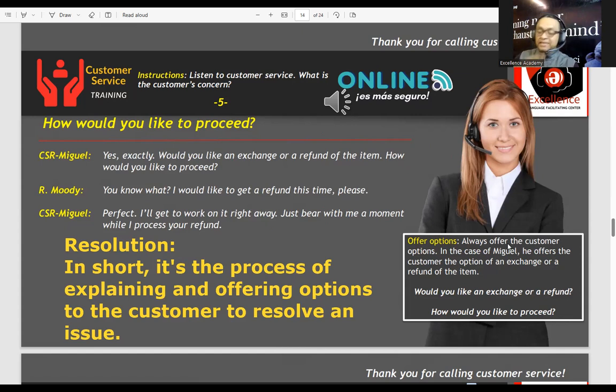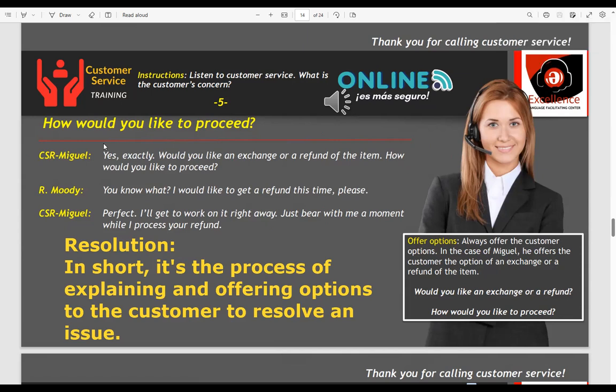But the general idea of how you would resolve something for an account like Amazon or retail is this: it's simply the process of explaining and offering options to the customer to resolve an issue, and that's what we would call the resolution step.